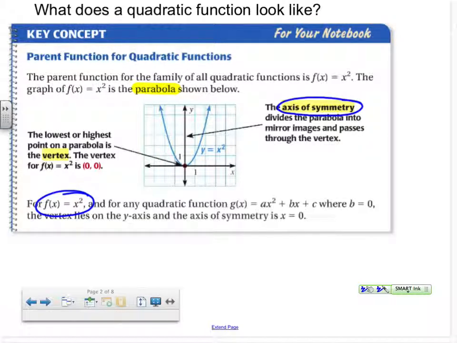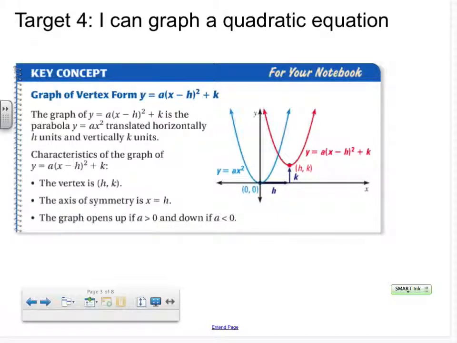A few adjustments though. Once in a while there'll be an a value, so you'll have ax squared, or there'll be a b, ax squared plus b, or plus c. That's called standard form. What we're going to look at again is vertex form. That's this next one. The vertex form is a times the quantity x minus h squared plus k.